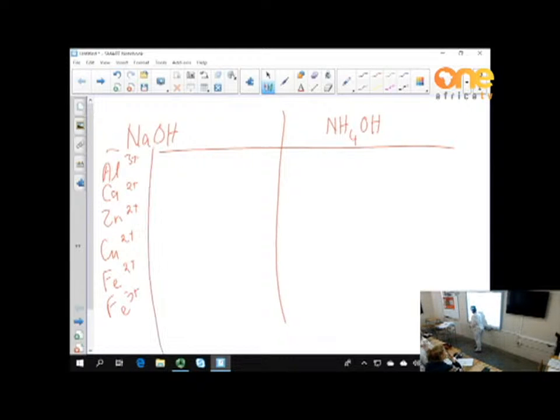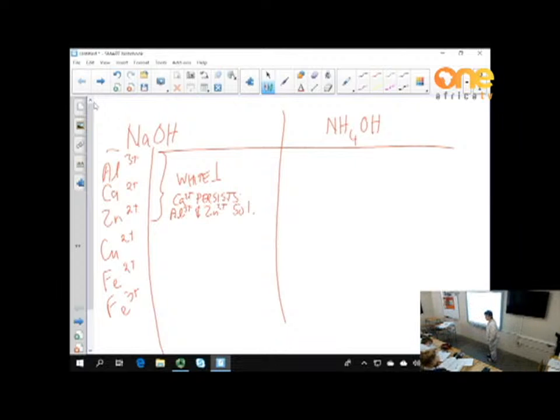We found that with sodium hydroxide, with these three, if you add a few drops, we got a white precipitate. On adding excess, we said calcium persists, but aluminium and zinc becomes soluble.